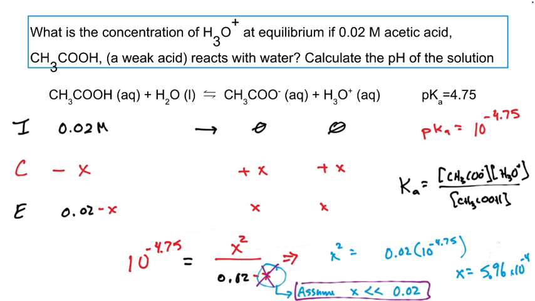Okay, I think the assumption is going to work, and if the assumption works, what can we do then? What did we say x was? We said x was a lot of things.